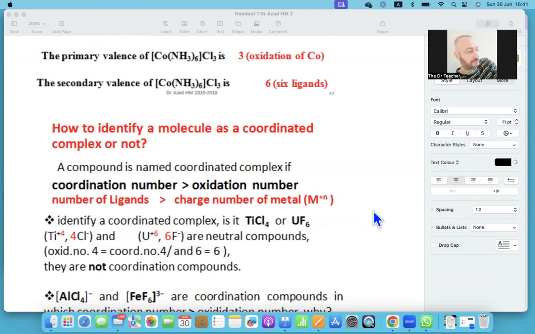So now we can see here the compound is named a coordinated complex if the coordination number is bigger than the oxidation number. Coordination number bigger than oxidation number. So in this case, we call it a coordinated complex.